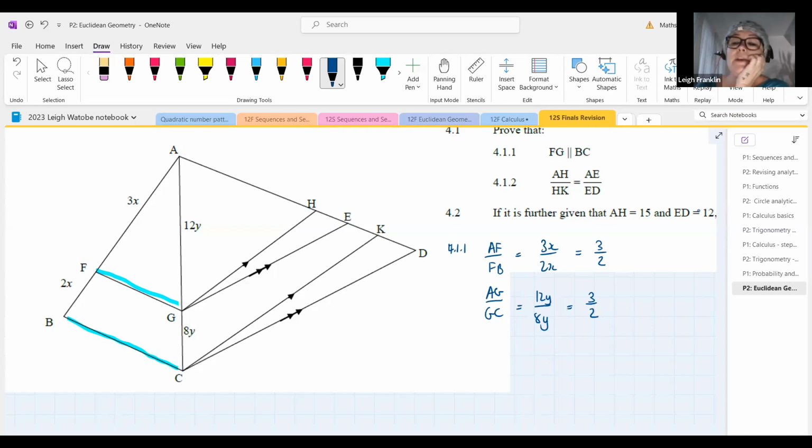So if the two things are equal to the same, then they must be equal to one another. So that means that AF over FB is equal to AG over GC. Therefore, FG is parallel to BC, converse proportionality intercept theorem.